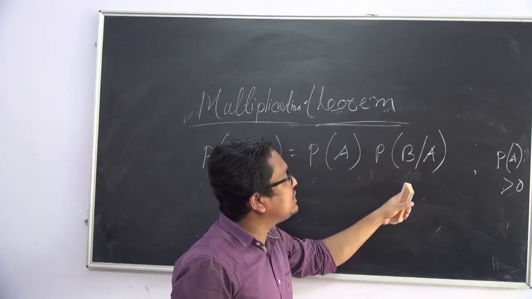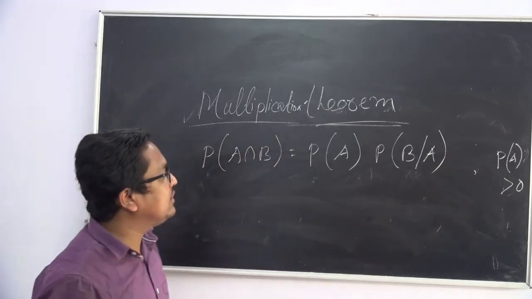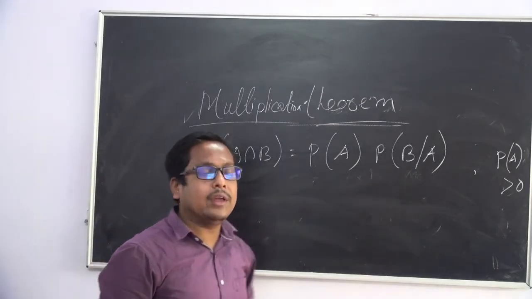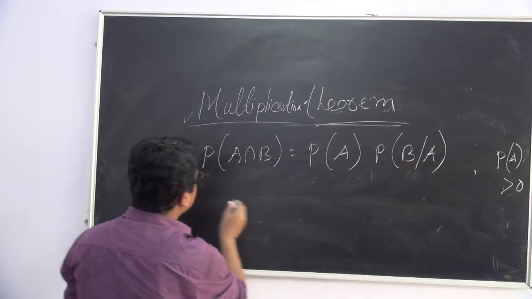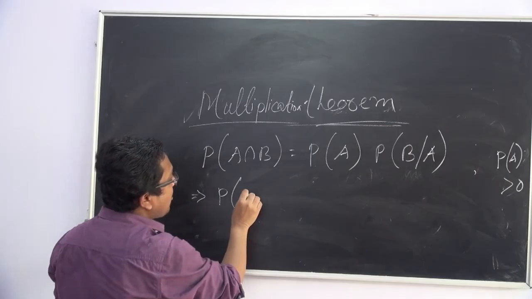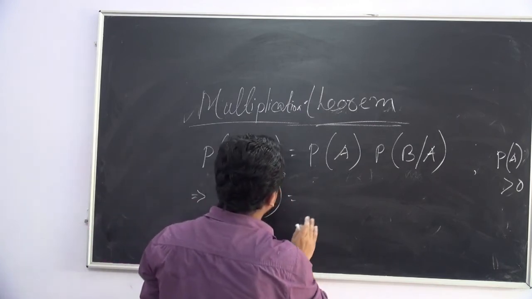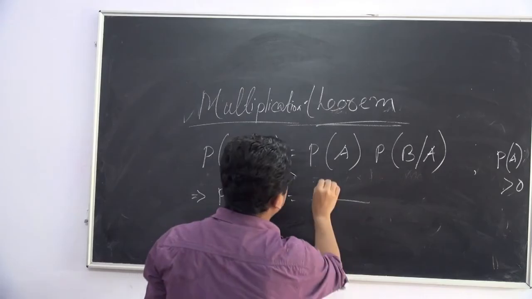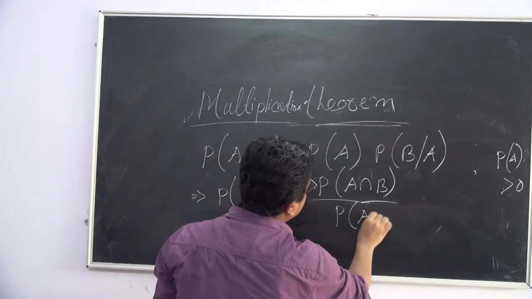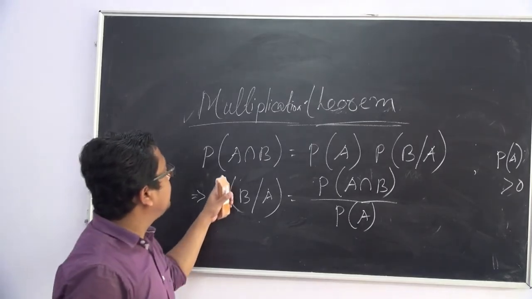This is called the conditional probability of B where A has already occurred, and it is given by probability of A intersection B divided by probability of A. From here I can write probability of B given A is equal to probability of A intersection B by probability of A. So this is the multiplication theorem.